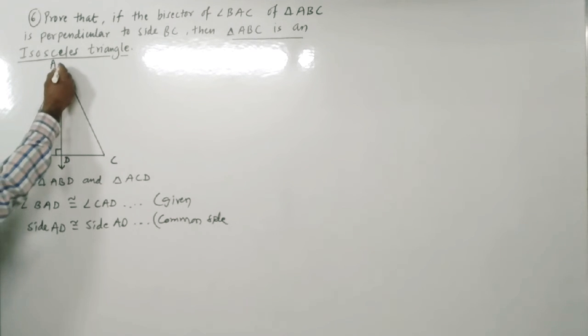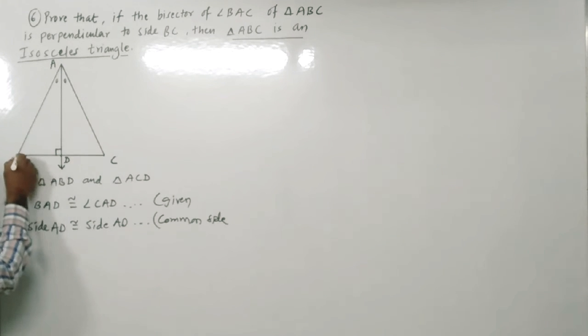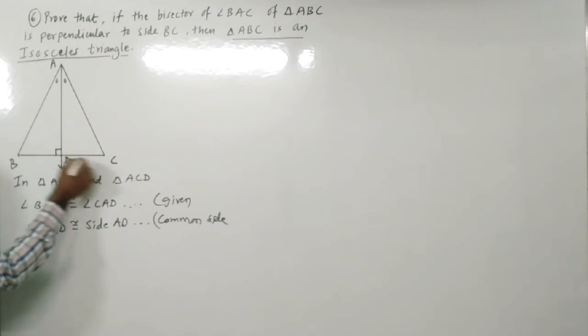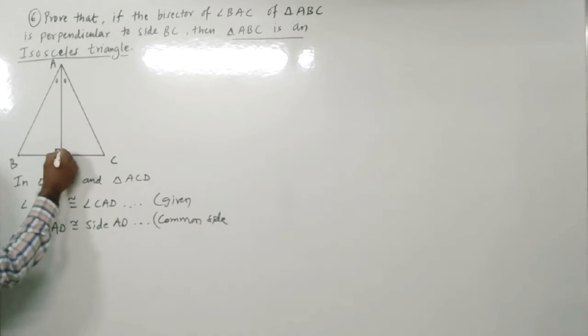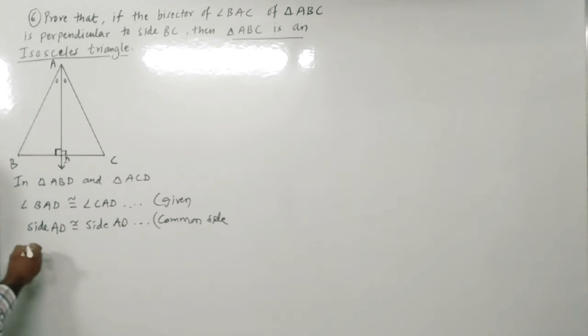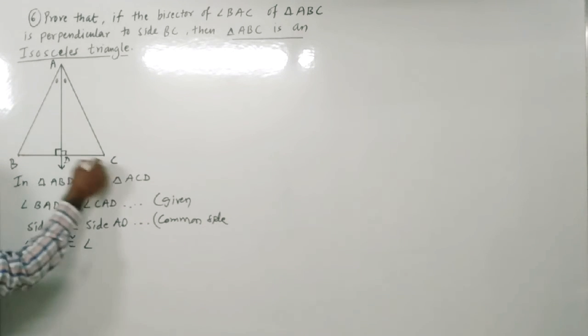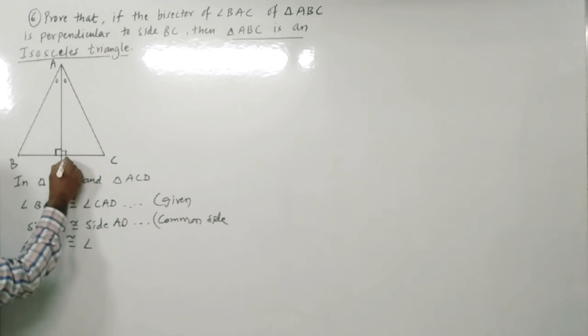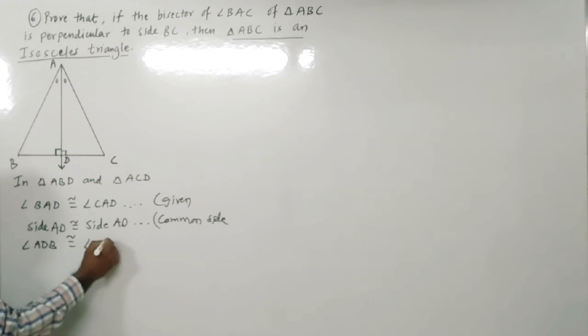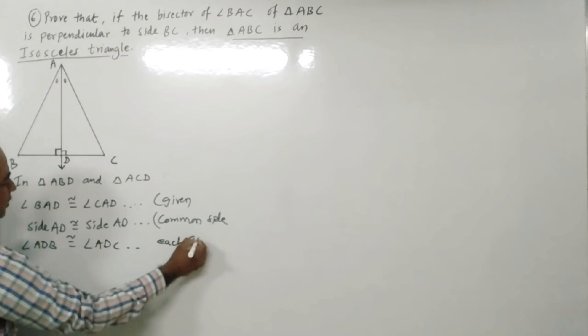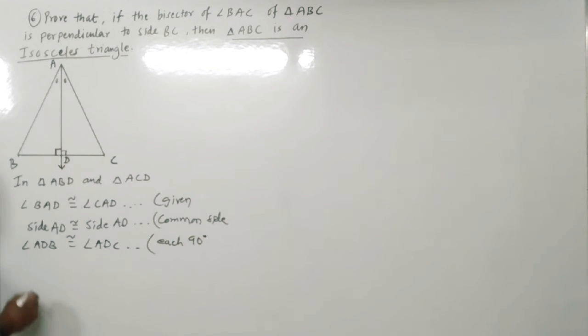Now, as this AD is perpendicular to BC, this is 90 degrees as well as this is 90 degrees. So angle ADB is congruent to angle ADC, each 90 degrees, given perpendicular.